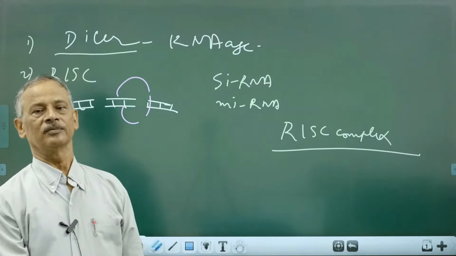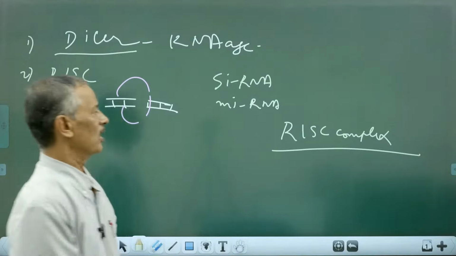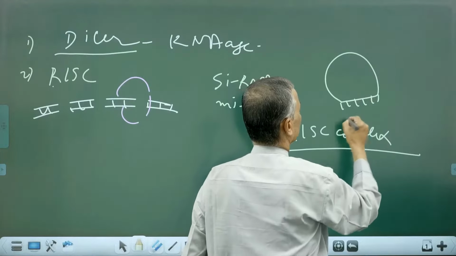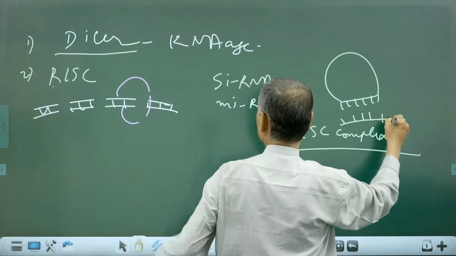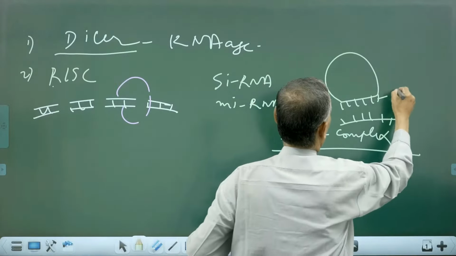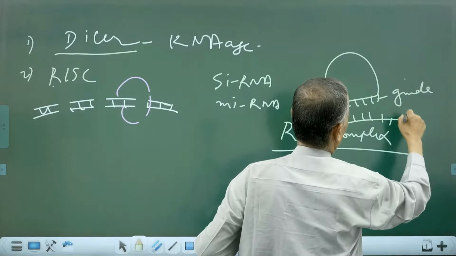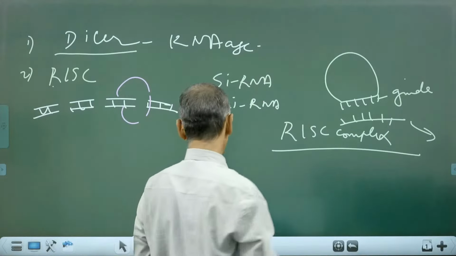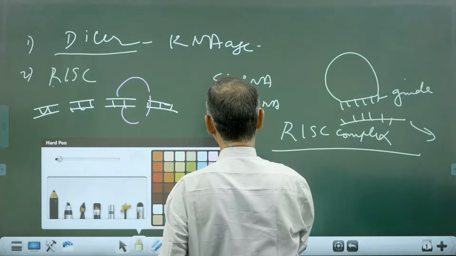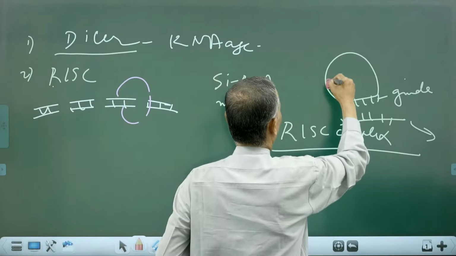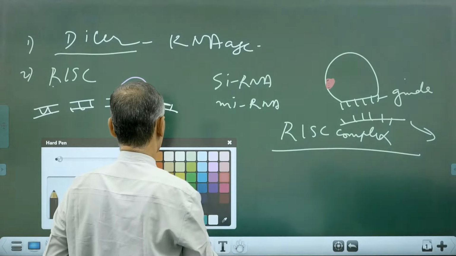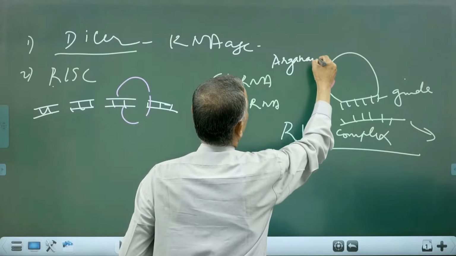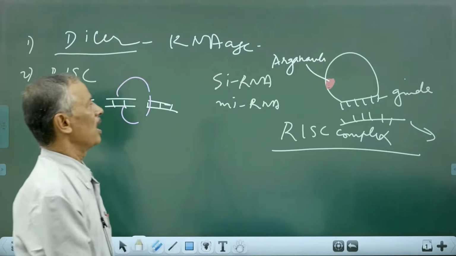This RISC complex will be having only one strand of the siRNA, which is called the guide strand. The other strand is removed, that will be destroyed later on. That is called the passenger strand. And this will be having a site called Argonaute.